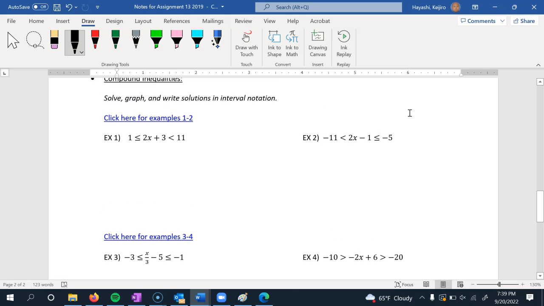Now we're going to deal with compound inequalities, just like example 5 and 6 up there. This will not take long, I promise.